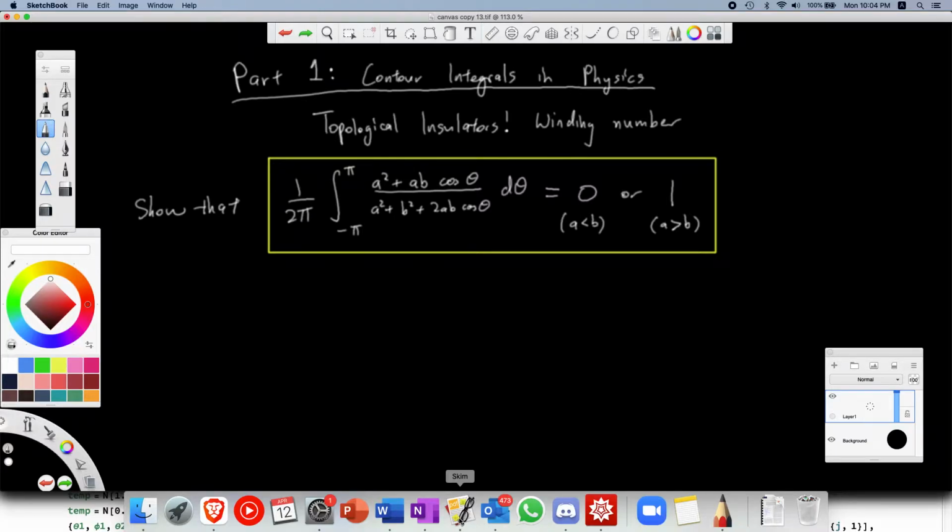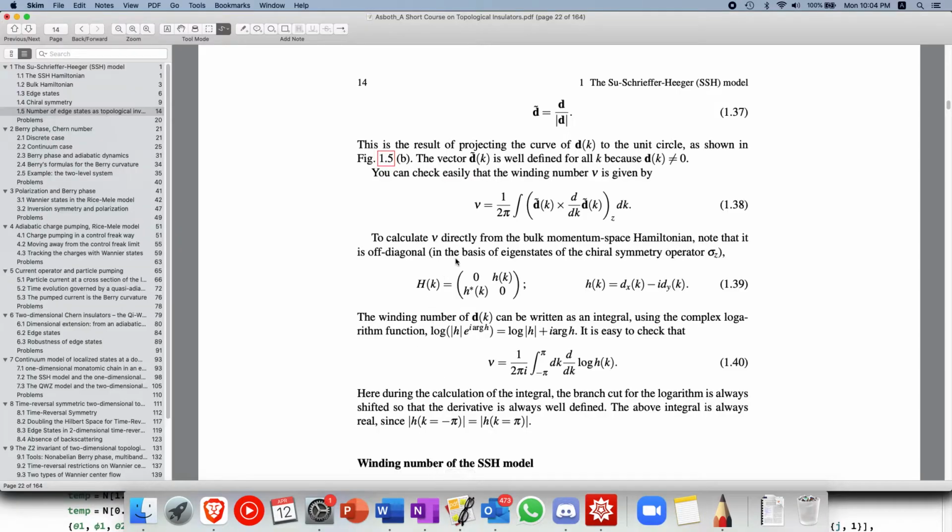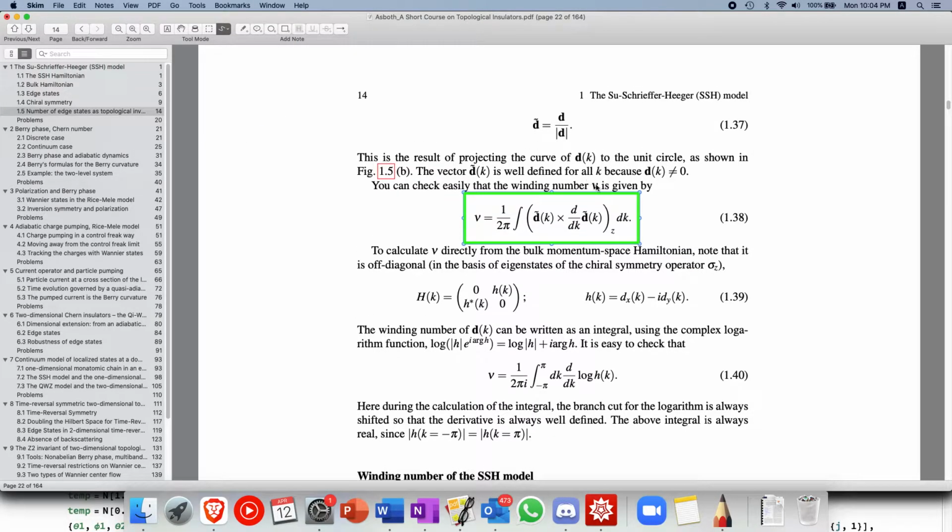And yeah, so a bit of background, how this integral arises is you have the following definition of the winding number from this book. So how do you get from here to there? Essentially this D over here describes the SSH model.